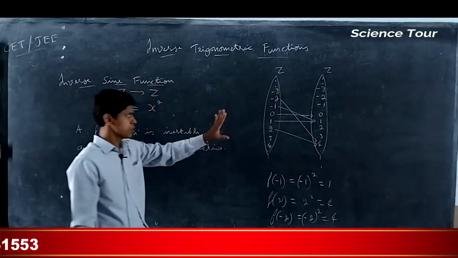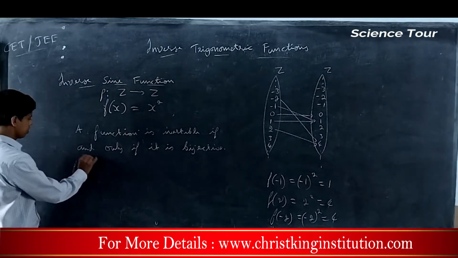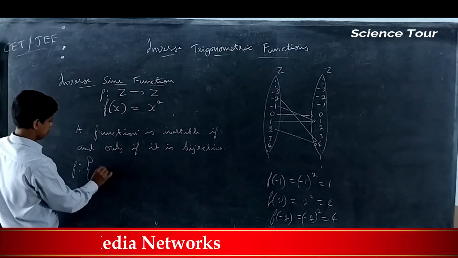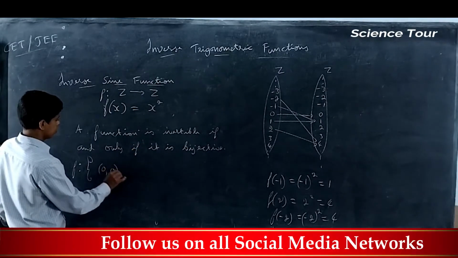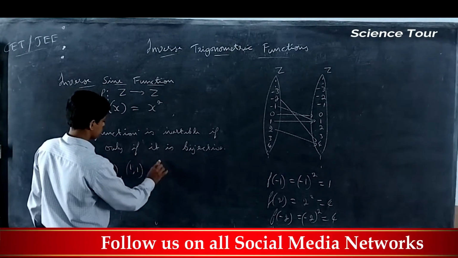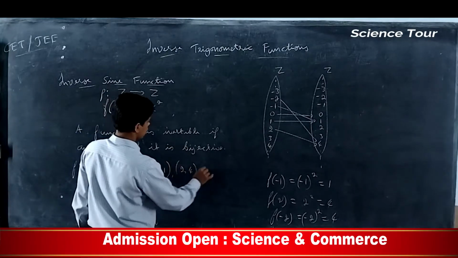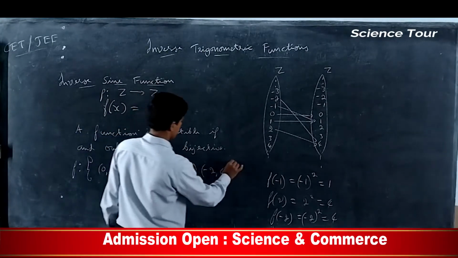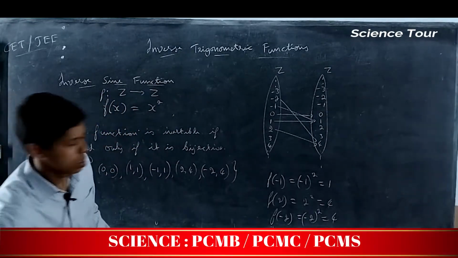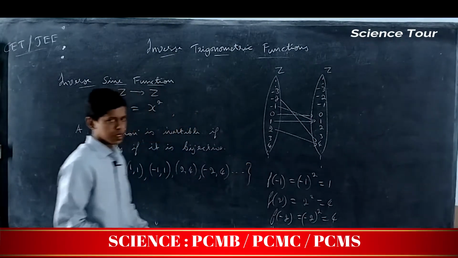If you express the function, you have to write it this way: 0 comma 0, and 1 comma 1, even minus 1 comma 1, and 2 comma 4, and minus 2 also goes to 4. It is not a finite set, it is an infinite set.